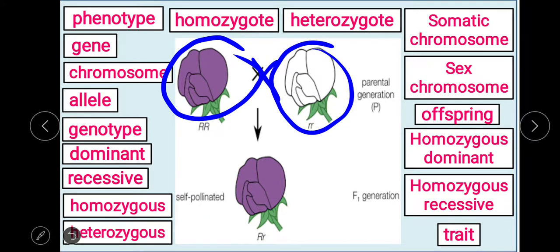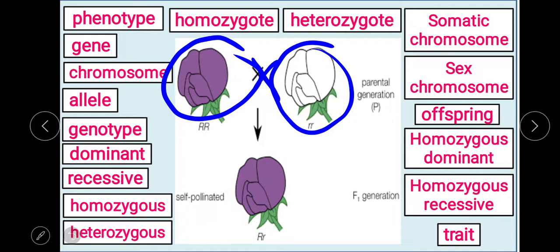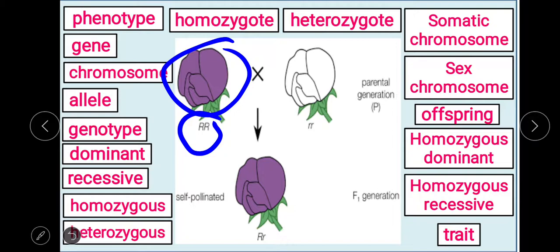The resulting offspring, the children that came from the two parents, displays the violet color. And the color violet is represented by two big letter R.